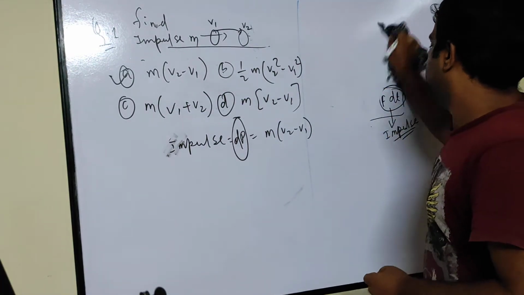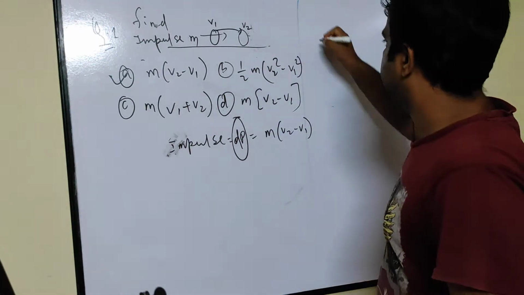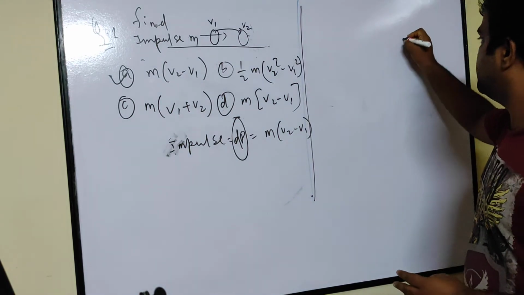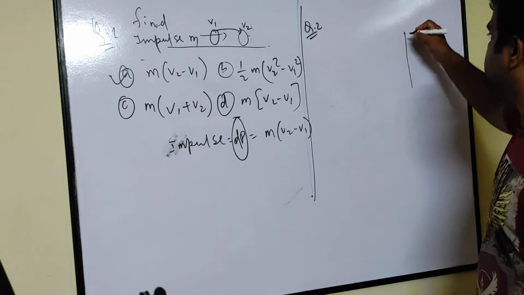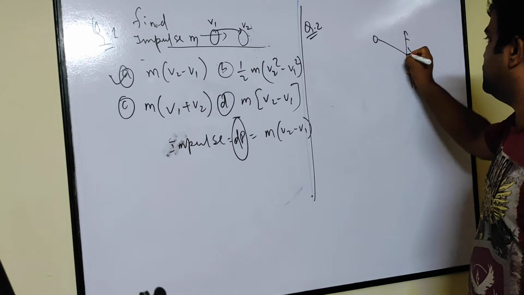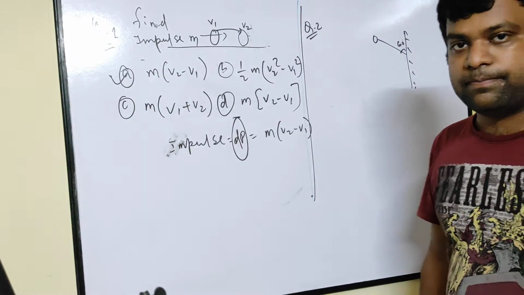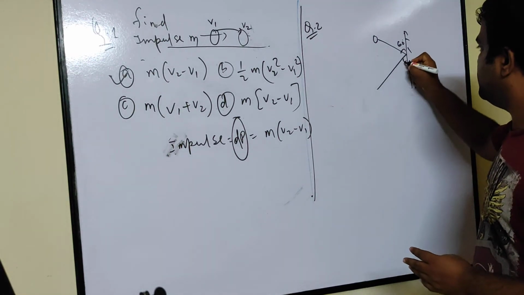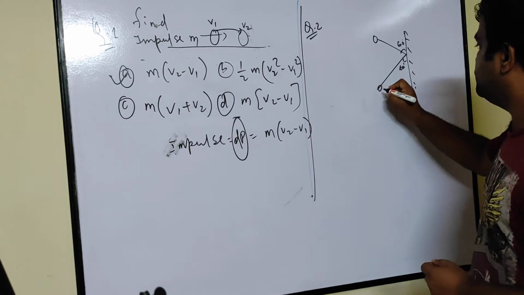Now let us solve one more question based upon impulse. This is question number 2. In this situation the wall is here. You are throwing a ball at the wall at an angle of 60 degrees to the wall. Then the ball bounces back from the wall at 60 degrees, with the same velocity.